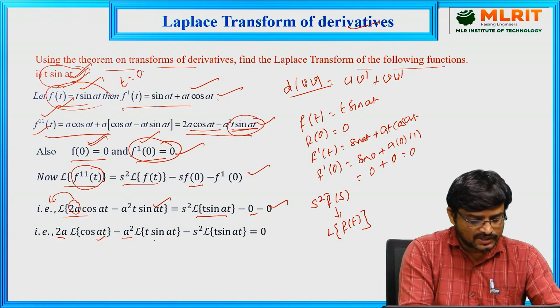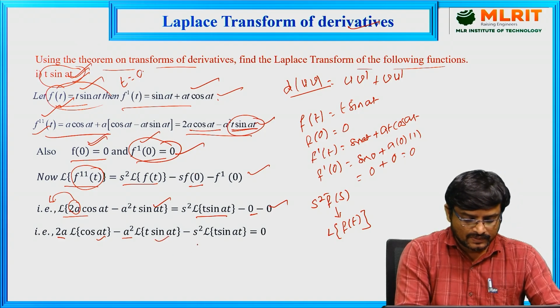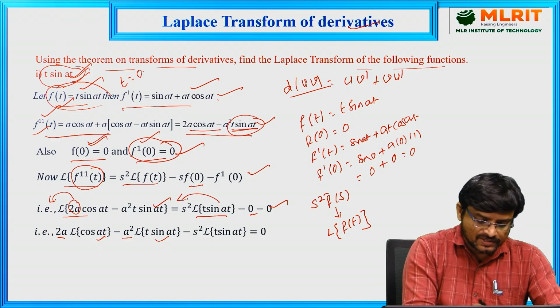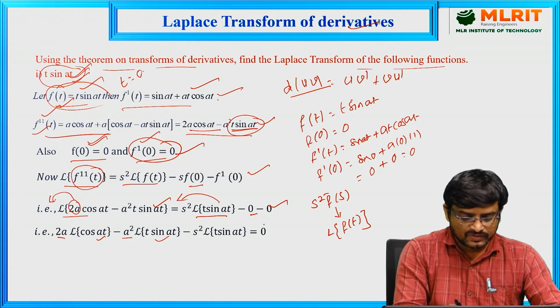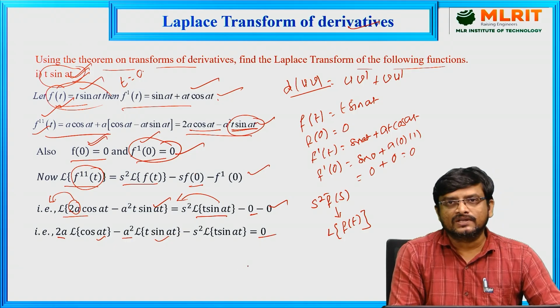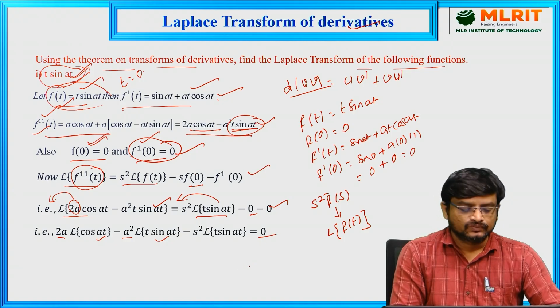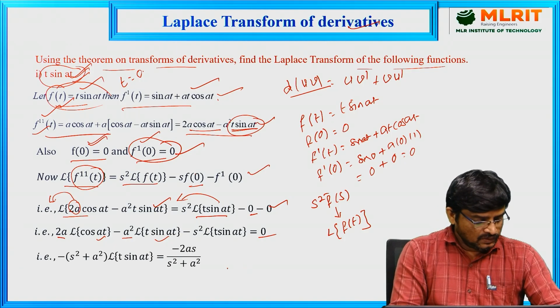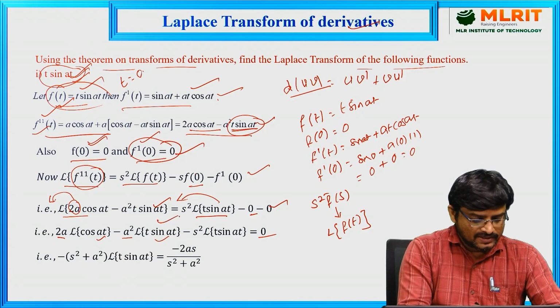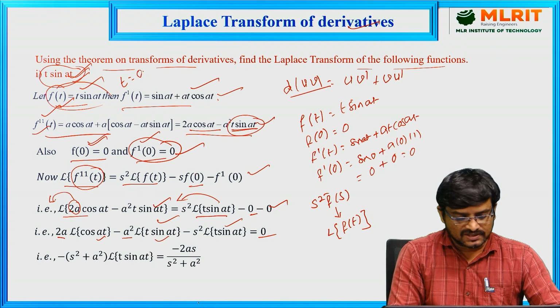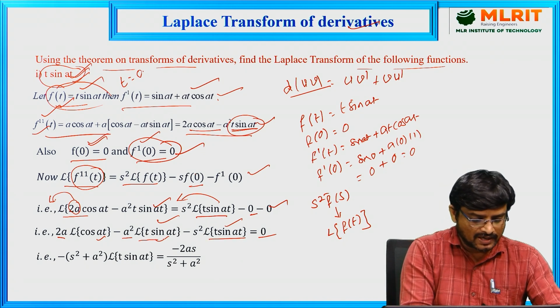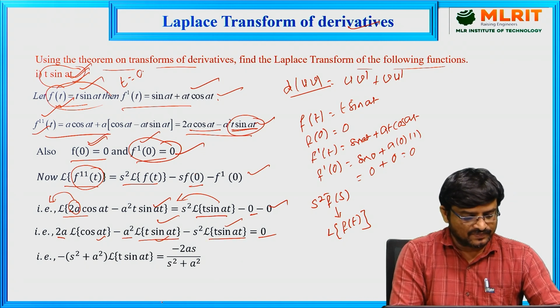So the Laplace transform of t sin at, you bring this to this side, s square minus the Laplace transform of sin at to this side. You will get the RHS side equal to 0. Now take the Laplace transform of t sin at as common from these two.